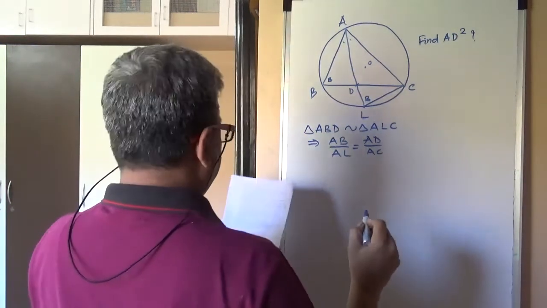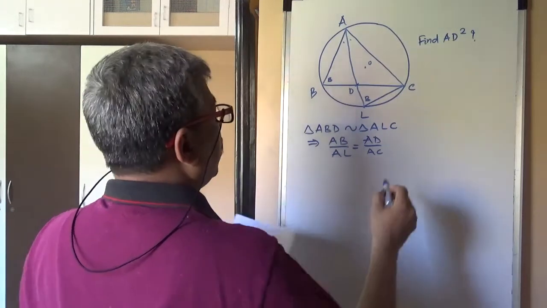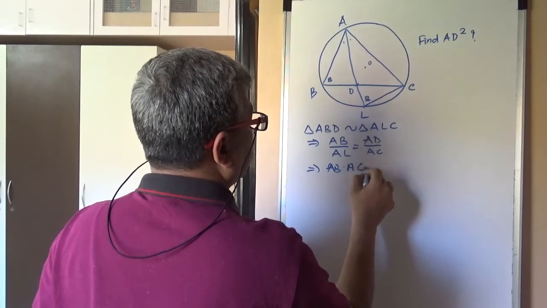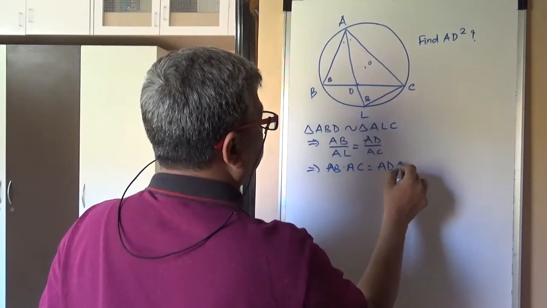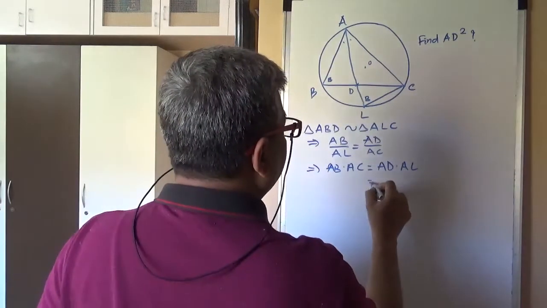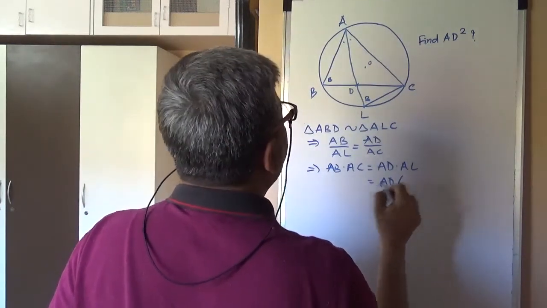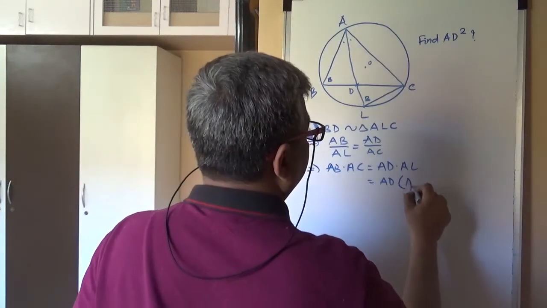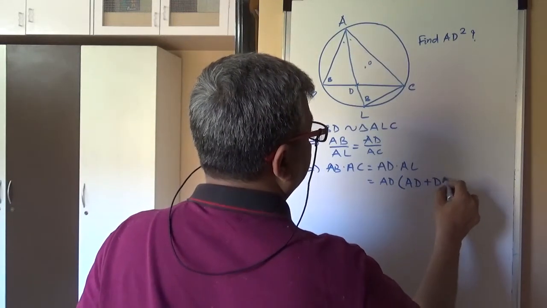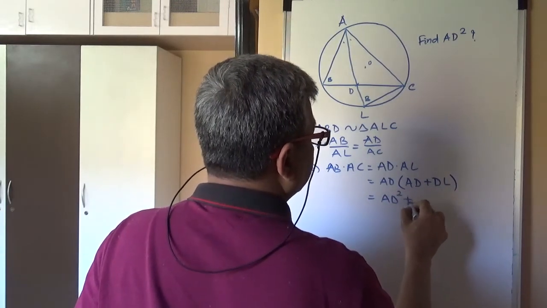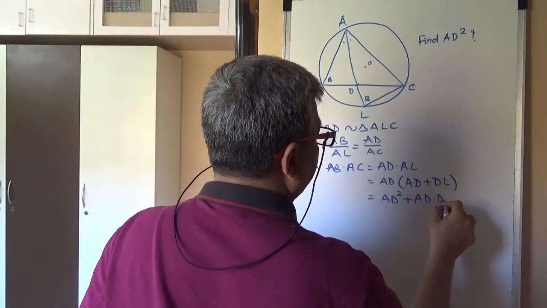So AB into AC is equal to AD into AL. Now this AL I can write as AD plus DL, which gives me AD square plus AD into DL.